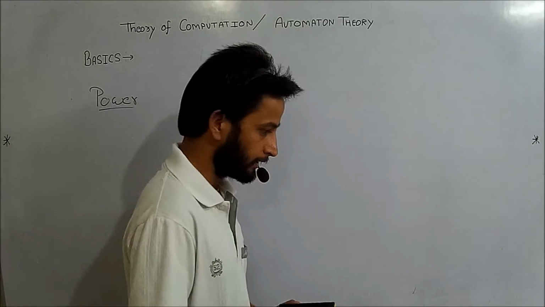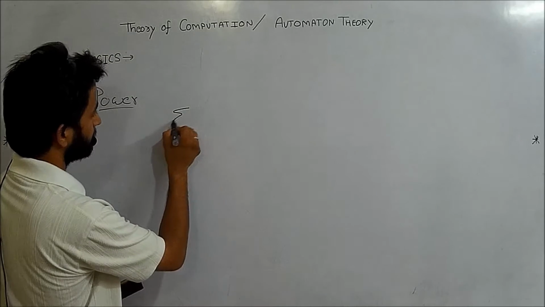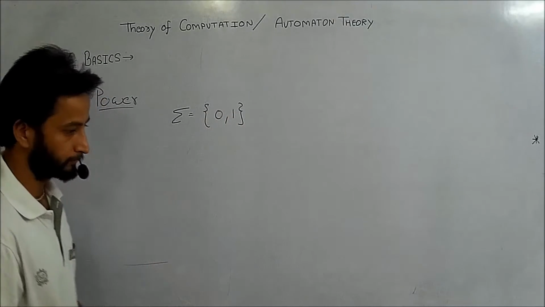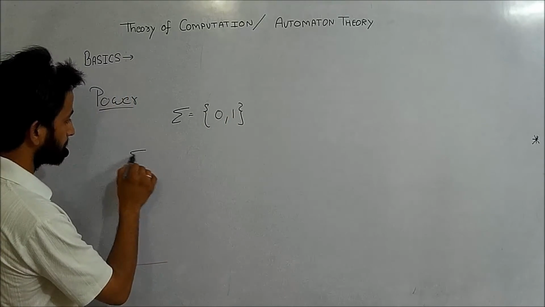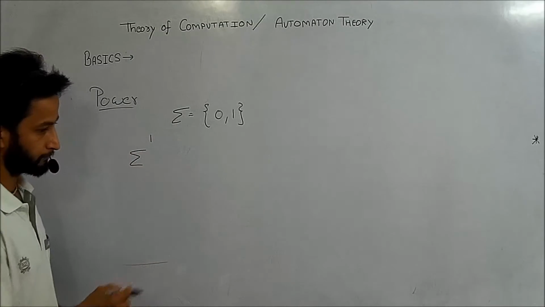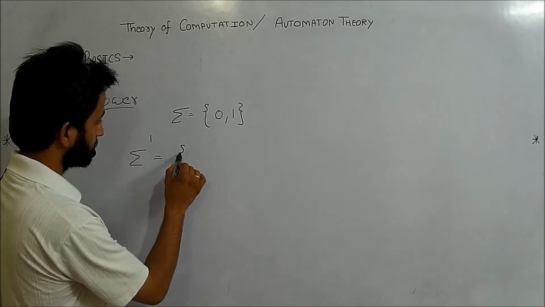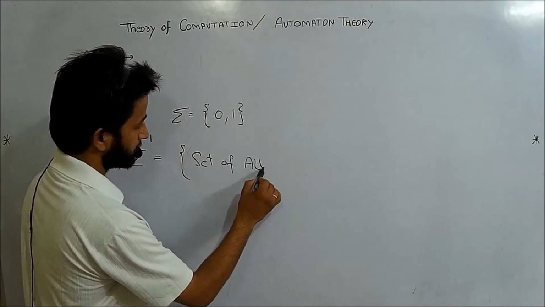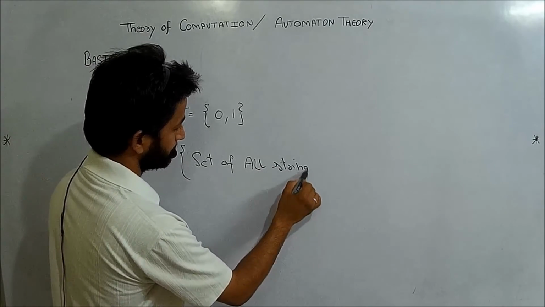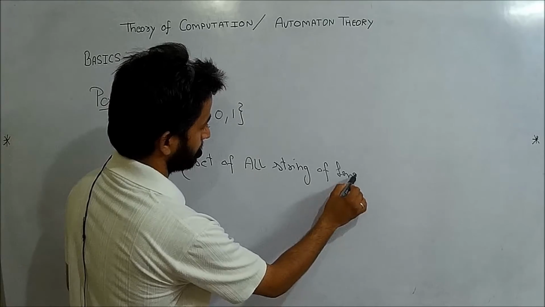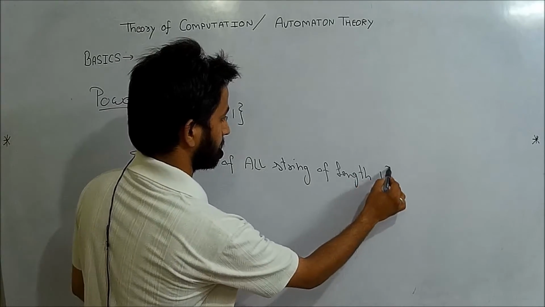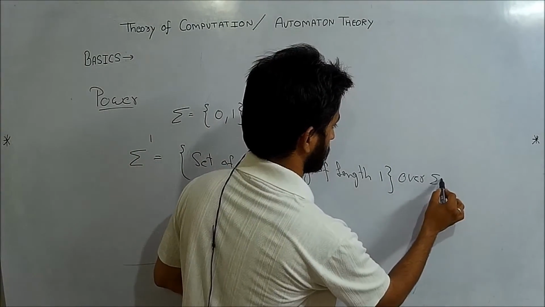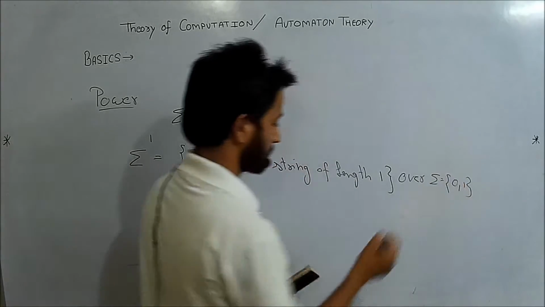Okay, so let us take the alphabet 0 and 1. If I have sigma 1, it means the set of all strings of length 1 over the alphabet 0 and 1.